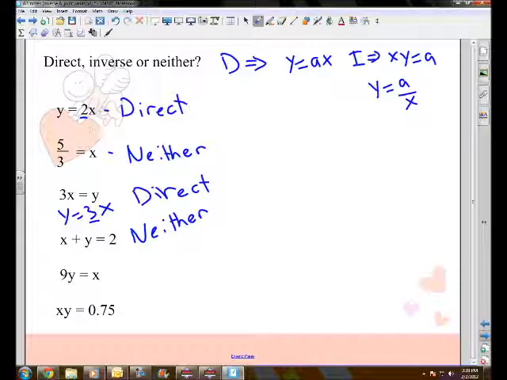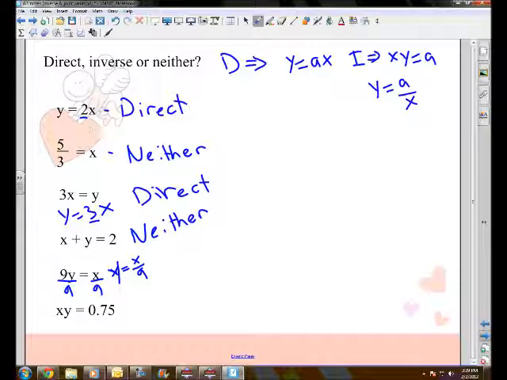We have 9y equals x. Well, let's take a look here. Let's solve that for y and see where we come out. We'll divide by 9. We have y equals x over 9. So that looks a little bit like one of our inverse variations, except that x is in the numerator rather than the denominator.